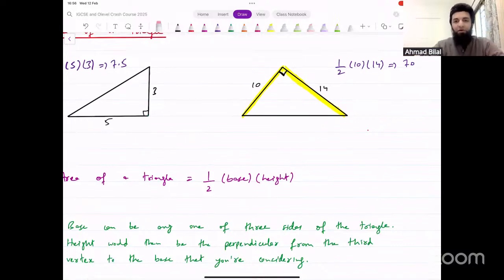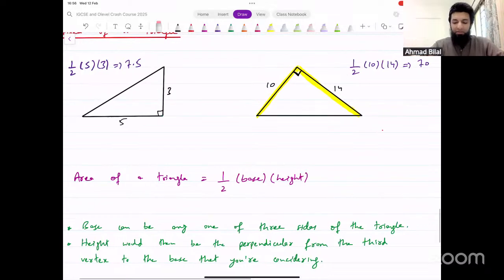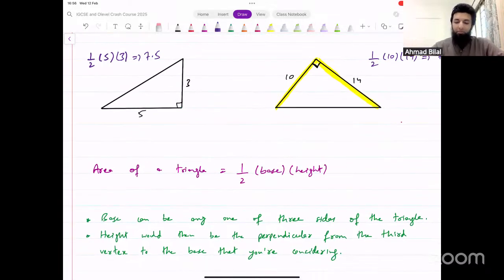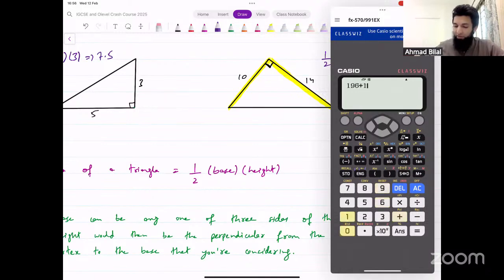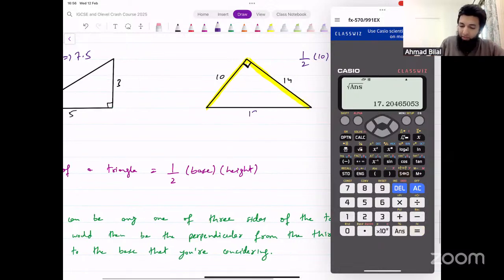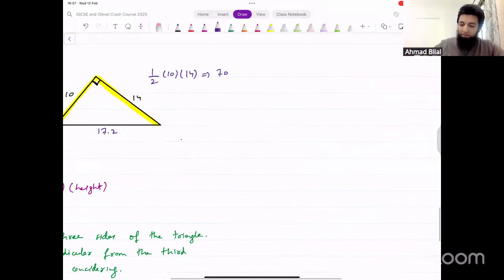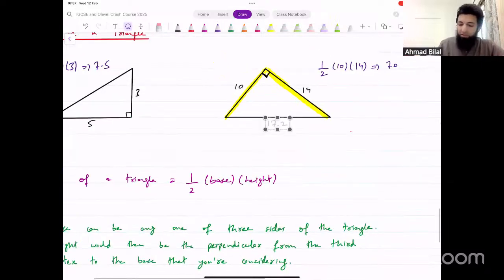So in case of a right angle triangle, the easiest way would be to take the perpendicular sides as base and height. If you know the perpendicular sides, you take any one of them the base, and the other would be height. Now, remember, in this case, the horizontal side is 17.2.